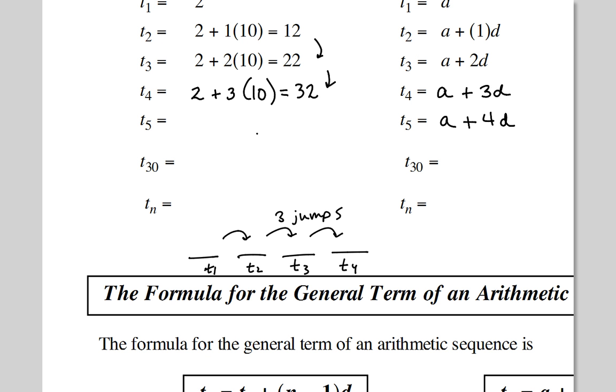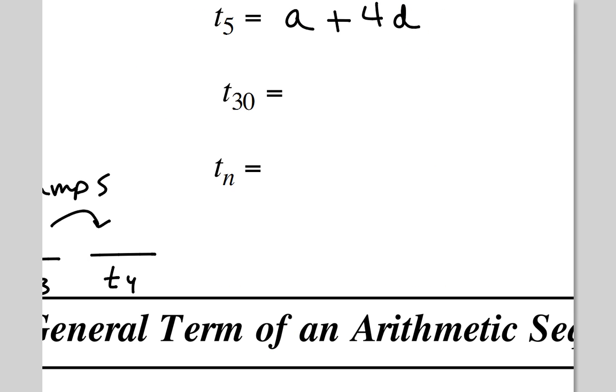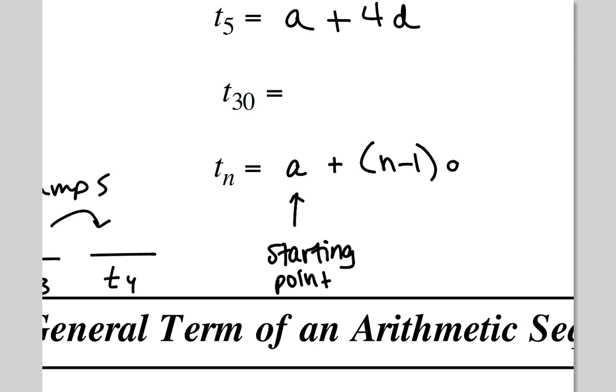The coefficient in front of the D value is always 1 less than the term number. So you can formalize that into your formula for Tn. So Tn, the general term number, is always your starting point plus n minus 1 d.